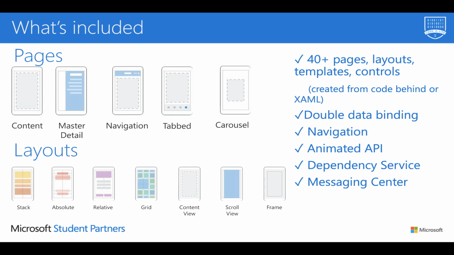Let's go to layouts. Of course, as I will always refer to the Universal Windows Platform or Windows development, for those who don't know what's the stack, what's the grid, I'd like to have a small recap. So the stack is that type of layout where you have all elements one after another.